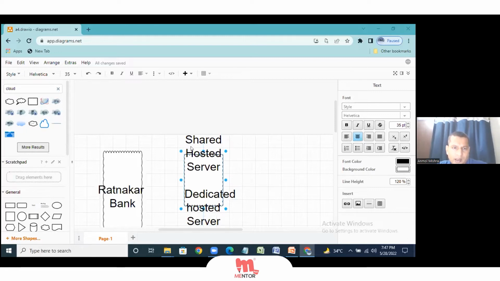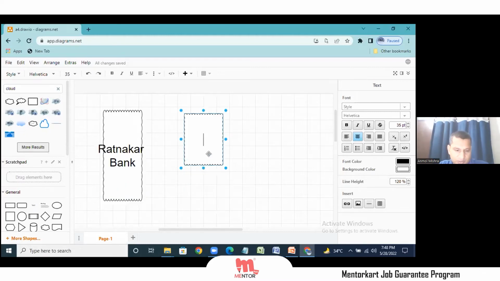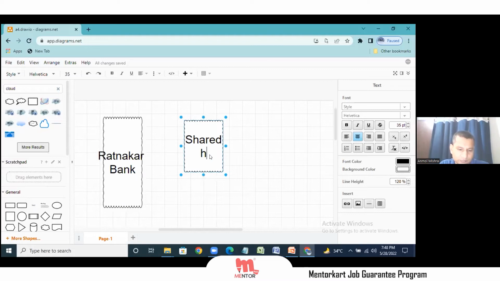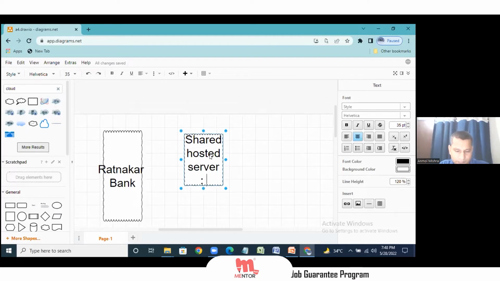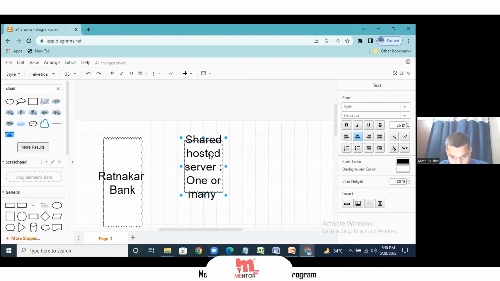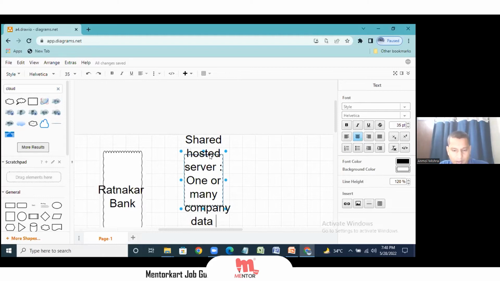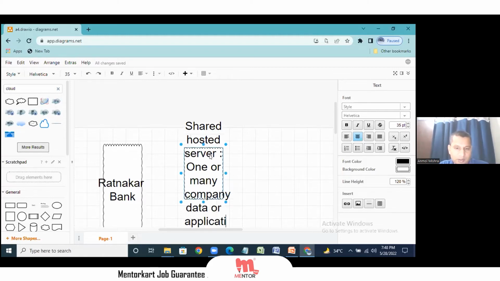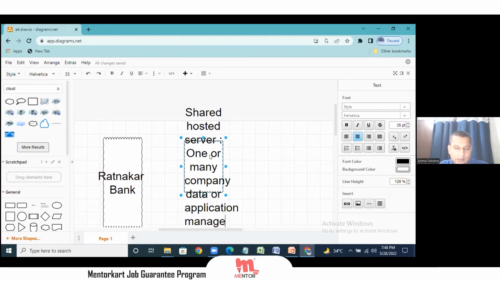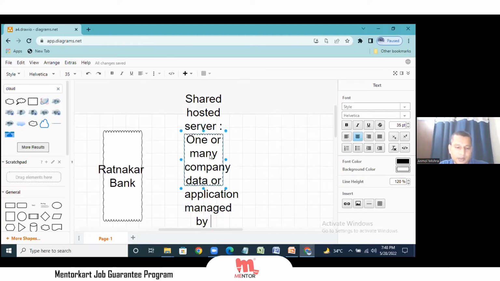I don't know why they are not writing in chat. The single line definition of shared hosted: one or many companies' data or application managed by that server.